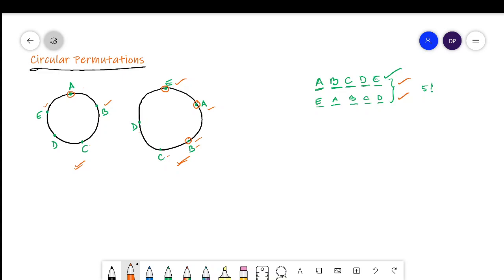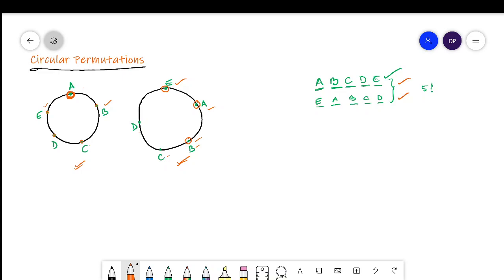Now what do we need to do in order to make the circular permutations? We have to fix the position of one object, and we have to arrange the remaining objects. In this case we have five objects.